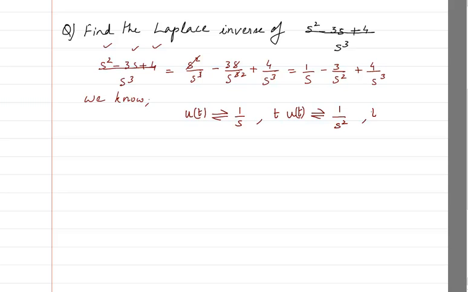And t square u of t has Laplace inverse 2 factorial, which is 2 divided by s raised to power 3.